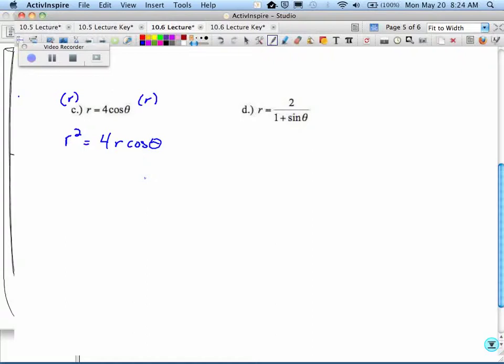So what can we do in this problem? R squared is x squared plus y squared. What's r cosine of theta? X. R squared equals x squared plus y squared.